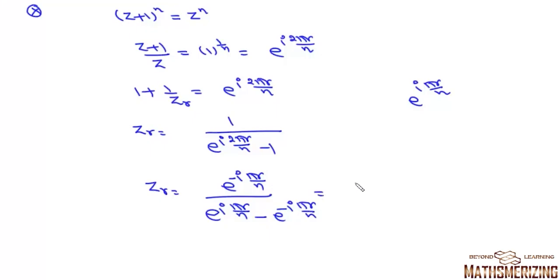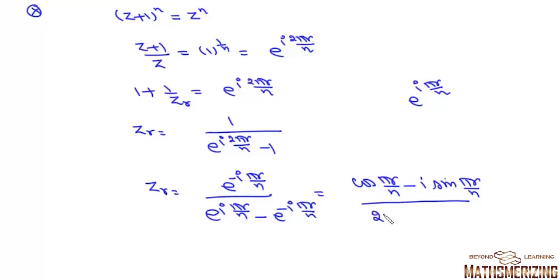And the numerator we'll have cos pi r by n minus iota sine pi r by n upon, and in the denominator it is cos theta plus iota sine theta minus cos theta plus iota sine theta.